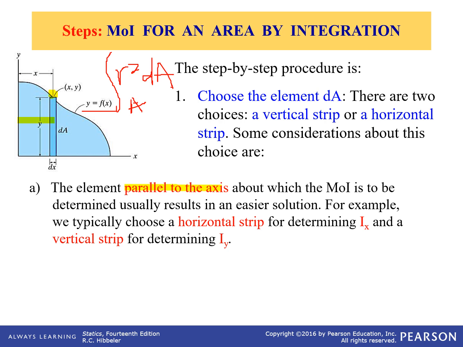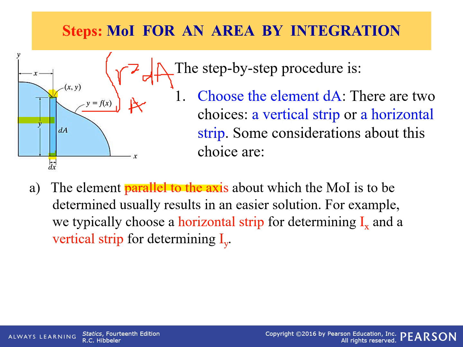We're going to choose a vertical strip all the way to the other end of your area. Now this one happens to end at the x-axis, so we choose from the point on the curve all the way to the other end of the area.